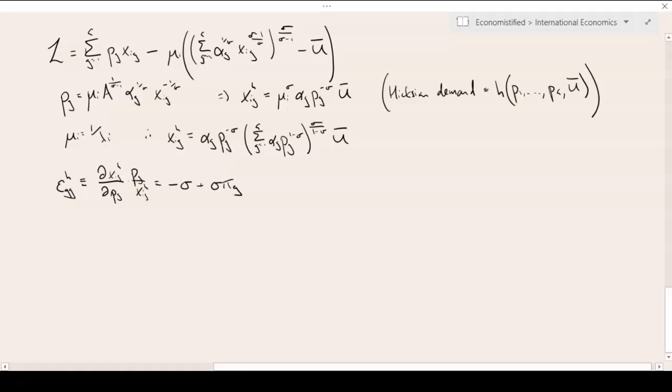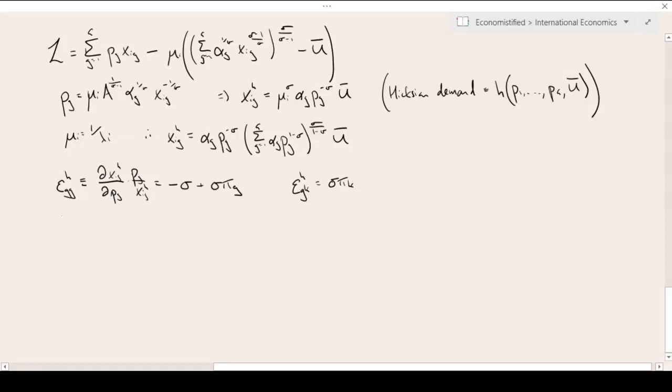So you should try and derive this for yourself in the same way that we derived the Marshallian elasticities of demand in the previous video. The cross price elasticity of Hicksian demand: also, you'll find that this first term drops out and we just get sigma pi_k.